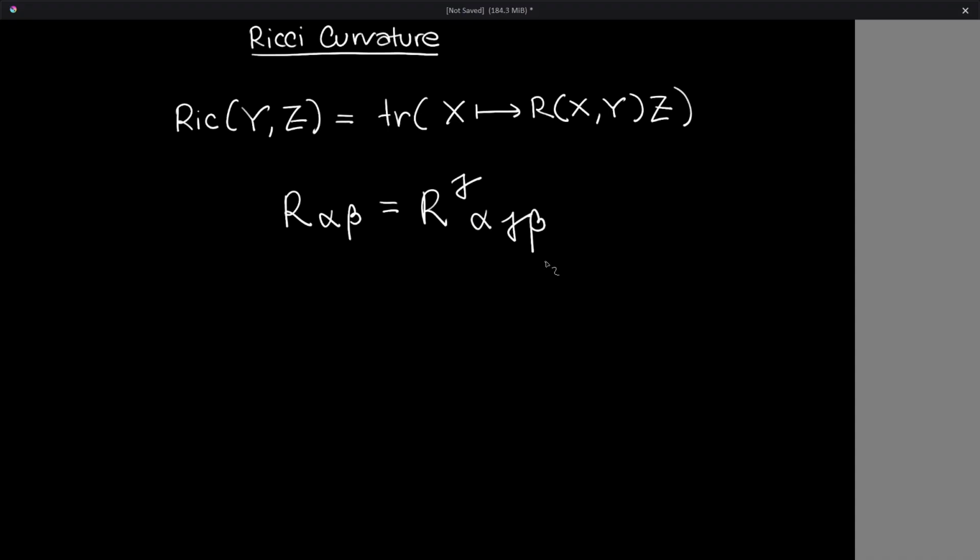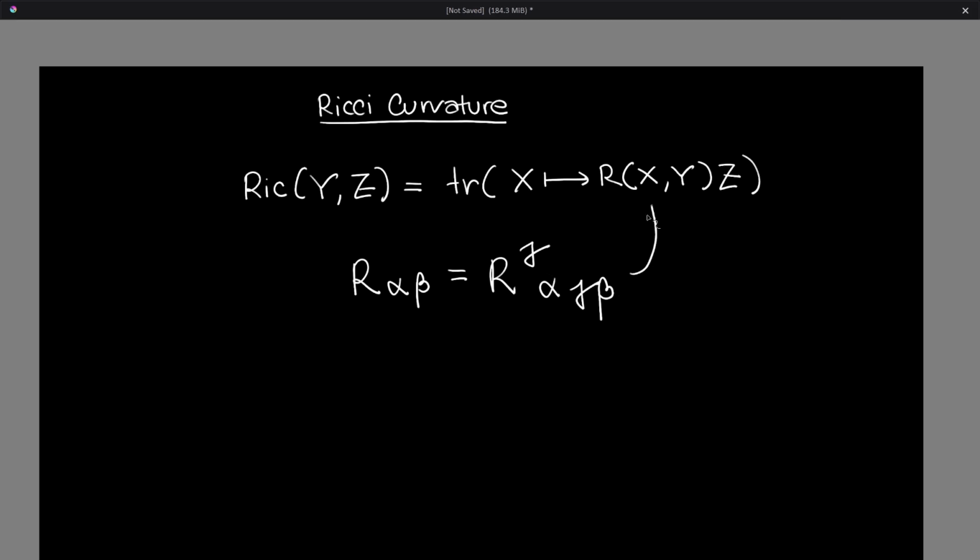But obviously, this is not a coordinate independent way to define it because these are the components of the tensor. They're not the tensor itself. So the way that you write this in coordinate free notation is like this, where this is telling you that we're taking the trace over the first and the third inputs. So when you coordinatize it, this is essentially what you get.